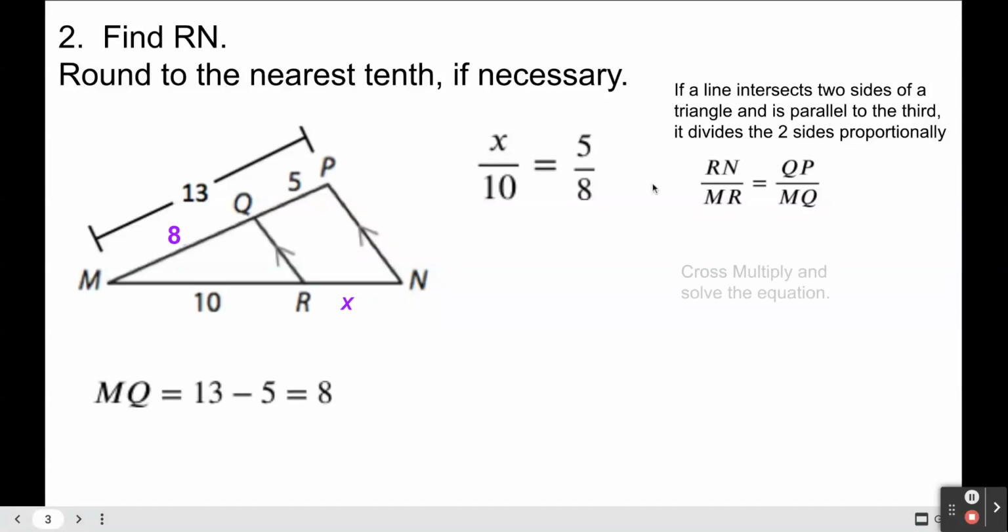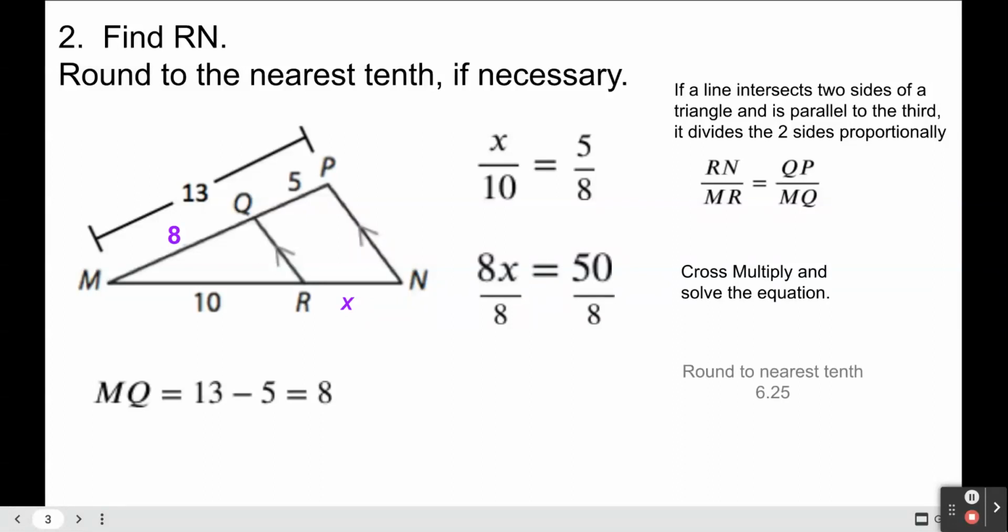Cross multiply, we get 8x equals 50. 8 times x and 10 times 5. And then we solve by dividing by 8. We are asked to round to the nearest tenth, so the tenths place is 1 decimal. Behind that tenths place, we have a 5, so that will make this round up. Our answer is 6.3 for that length for RN.